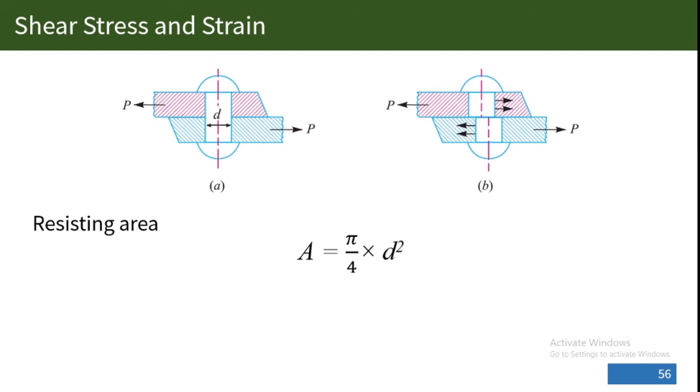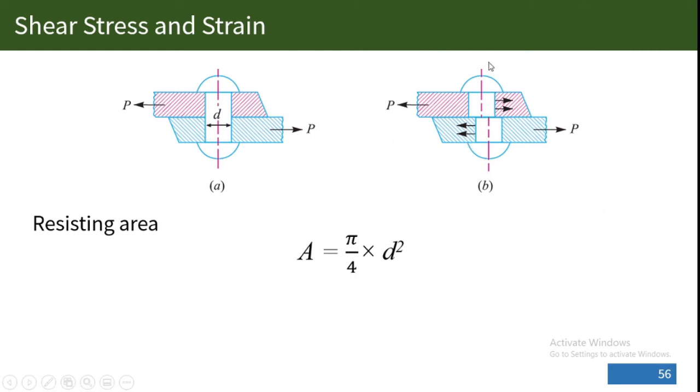Two equal but opposite forces, it has the tendency that the rivet will be cut off. Right? So given, it will not elongate in the part of the plate.